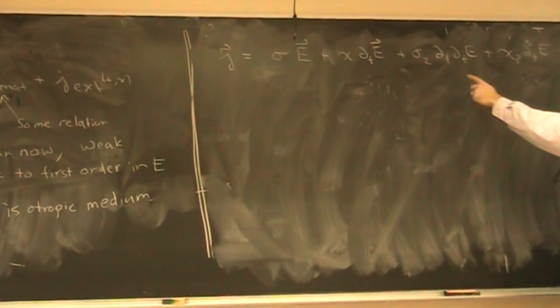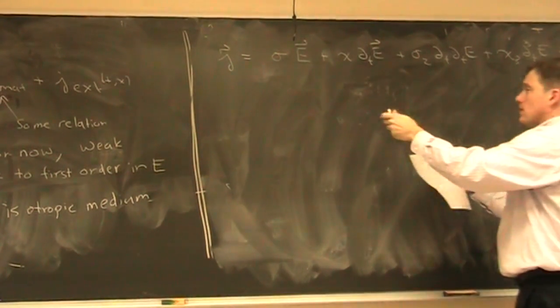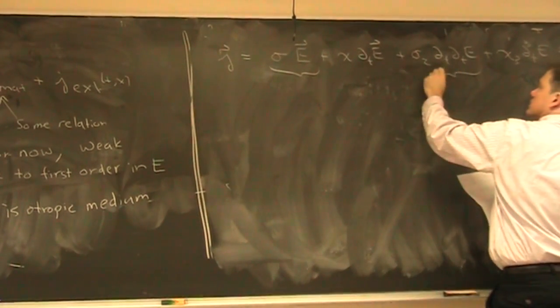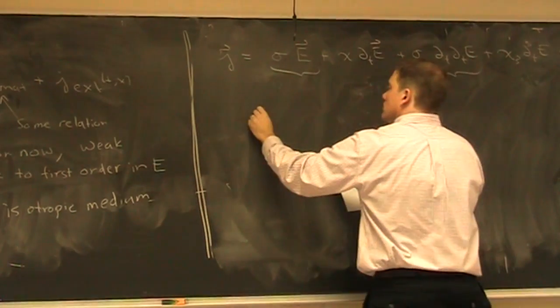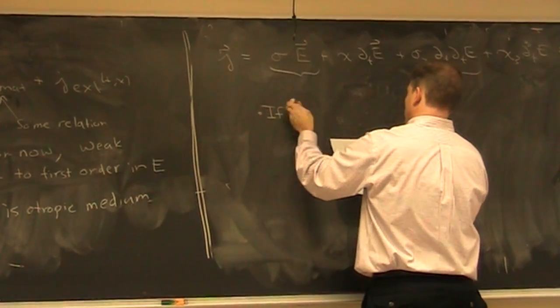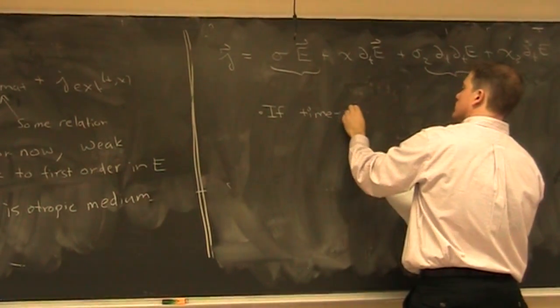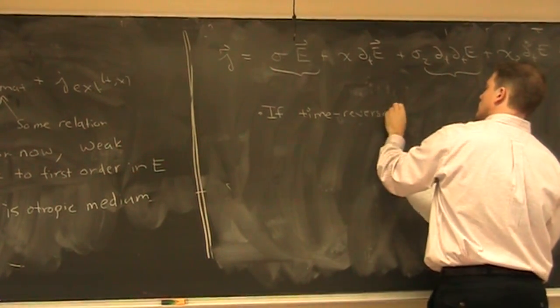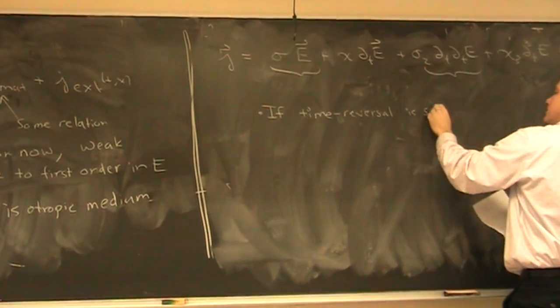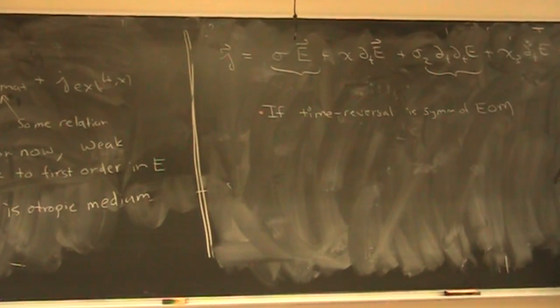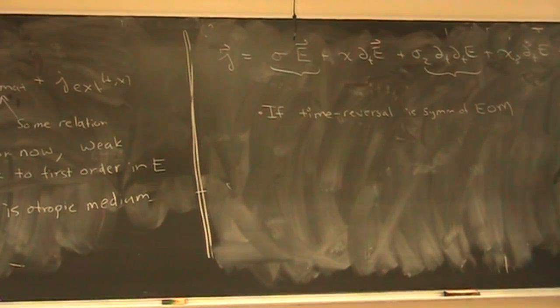But let's look at how these terms transform under time reversal. Let's say time reversal is a symmetry of the equations of motion. Then under the map, E is even.